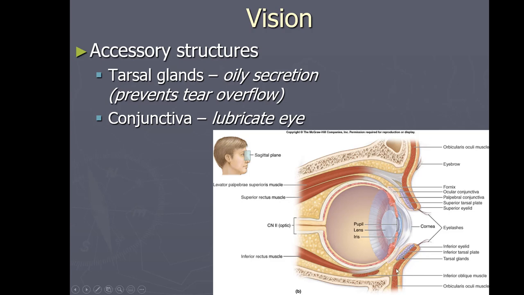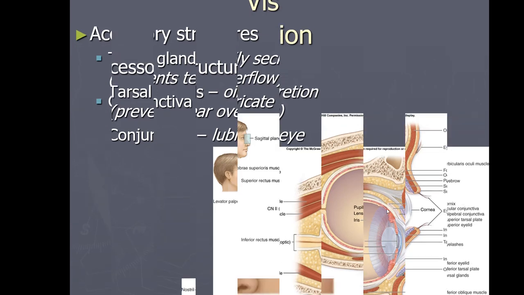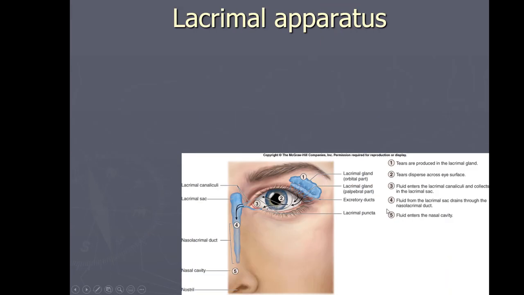This is good to know because a lot of times this will get inflamed, and it's called conjunctivitis, sometimes called pink eye. It can have different causes, bacterial or viral, but conjunctivitis is pink eye, and that's what's inflamed, the conjunctiva.